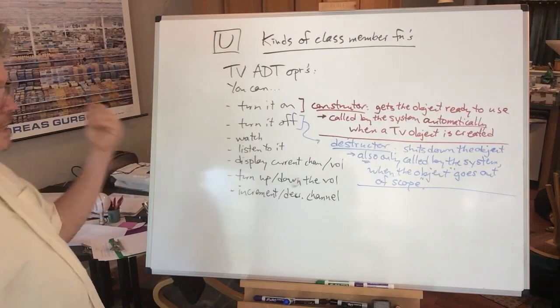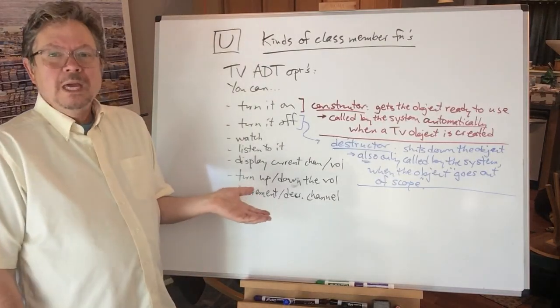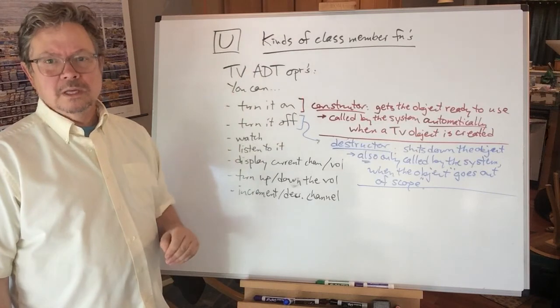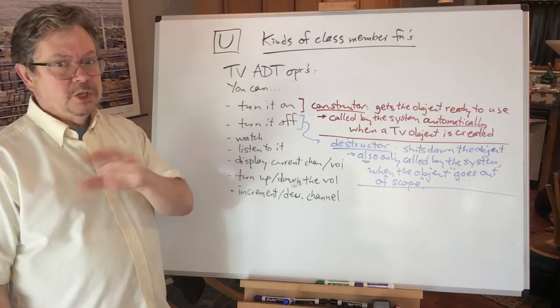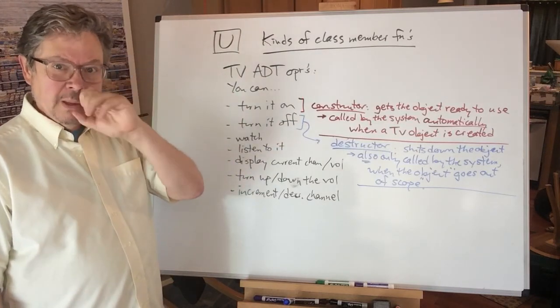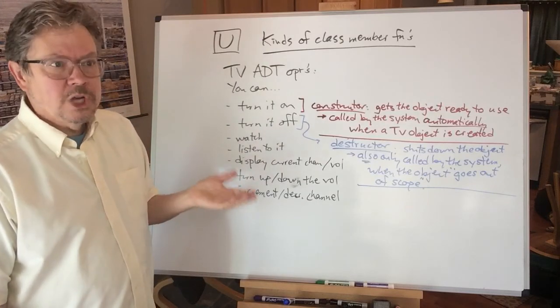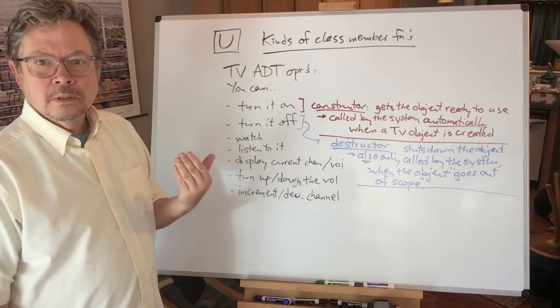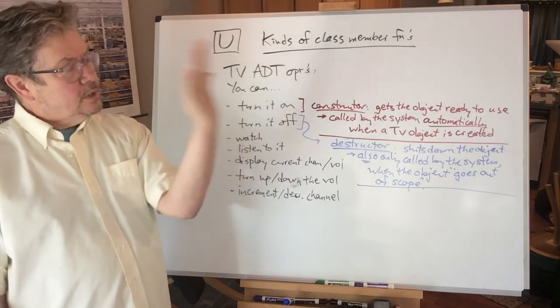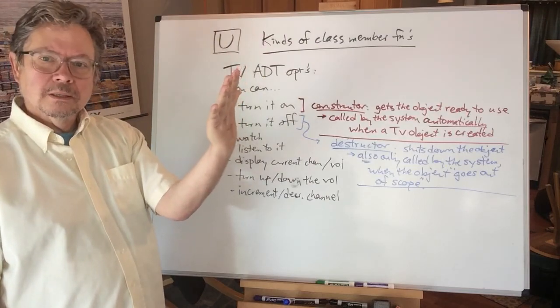Look at these. Some of these, they're just taking a peek. I just want to know what the current setting is, but I'm not going to change it. Oh, no, that's not my job. My one job is to say what the channel currently is. My one job is to show the TV show so people can watch it.